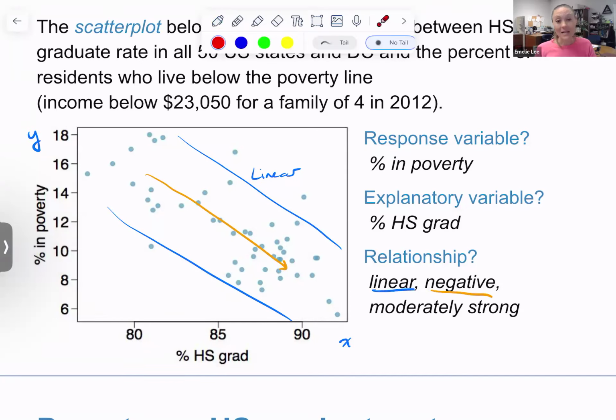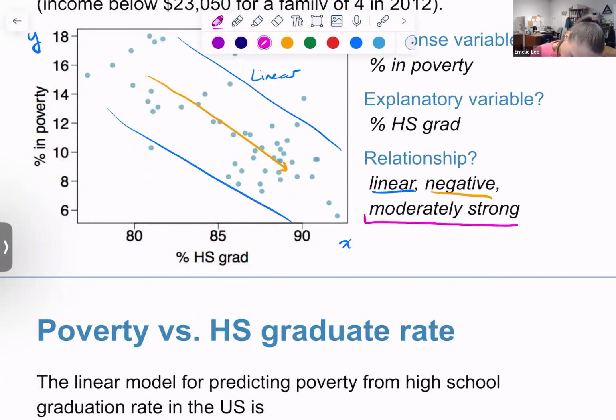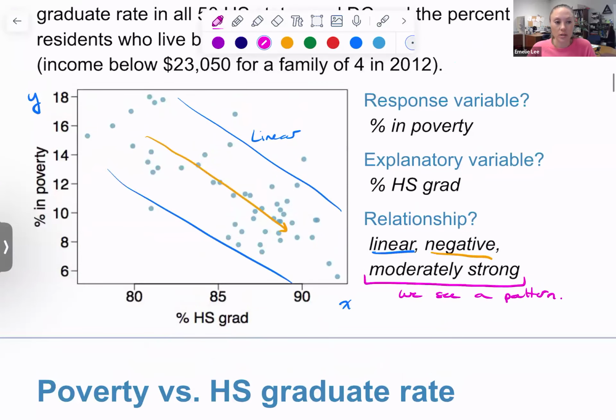And then I see a pattern, right? It's not very, very strong, and so that's why they've gone for moderately strong, right? But I see a pattern, and so then I would call it moderately strong. We see a pattern, right? So then it's strong or some version of strong.